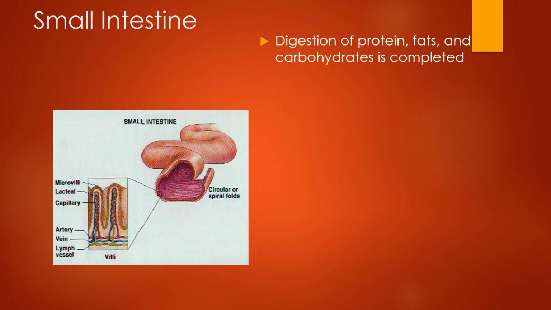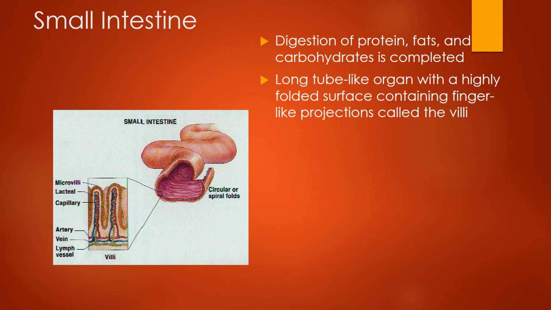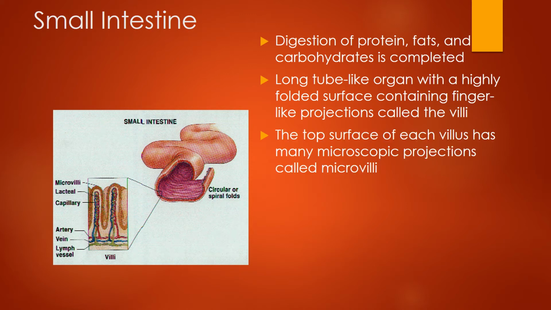Chyme moves from the stomach to the small intestine. The small intestine is the organ where the digestion of protein, fats, and carbohydrates is completed. The small intestine is a long tube-like organ with a highly folded surface containing finger-like projections called the villi. The top surface of each villus has many microscopic projections called microvilli.